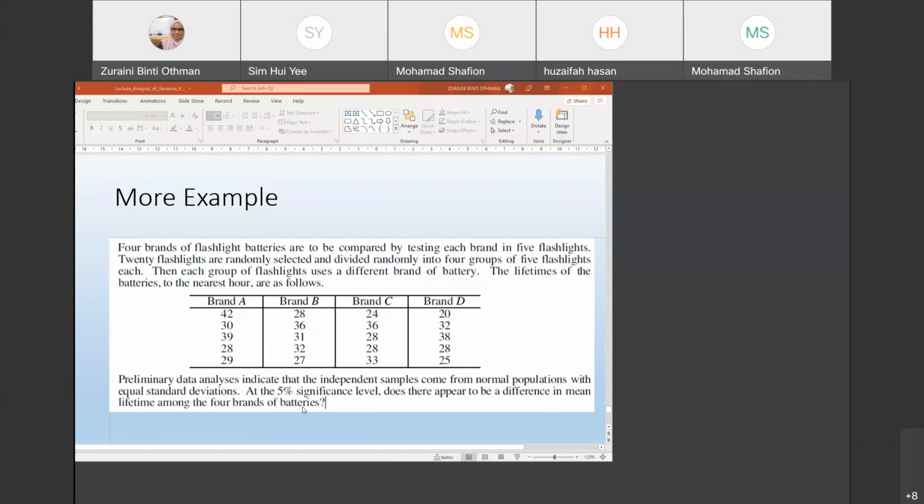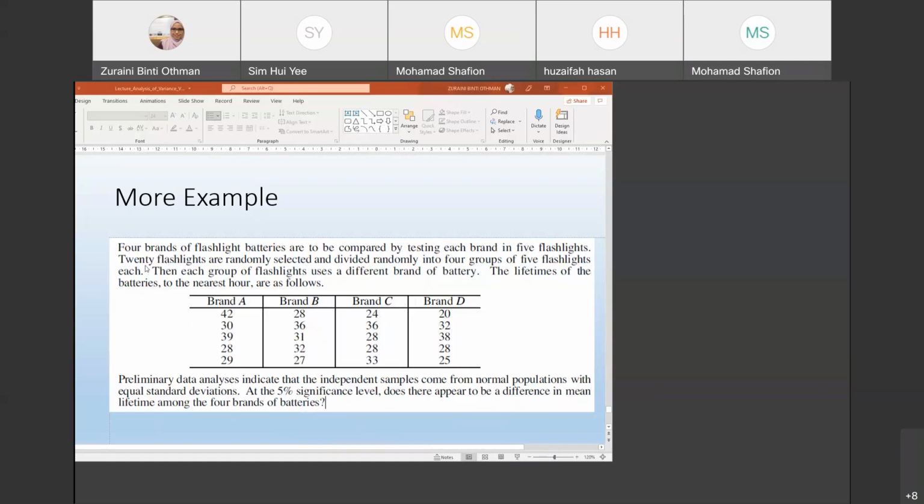In this data we have 4 brands, brand A, brand B, brand C, and brand D, to be compared by testing each brand in 5 flashlights. Brand A goes into 5 flashlights, brand B into 5 flashlights, and the same goes for C and D.